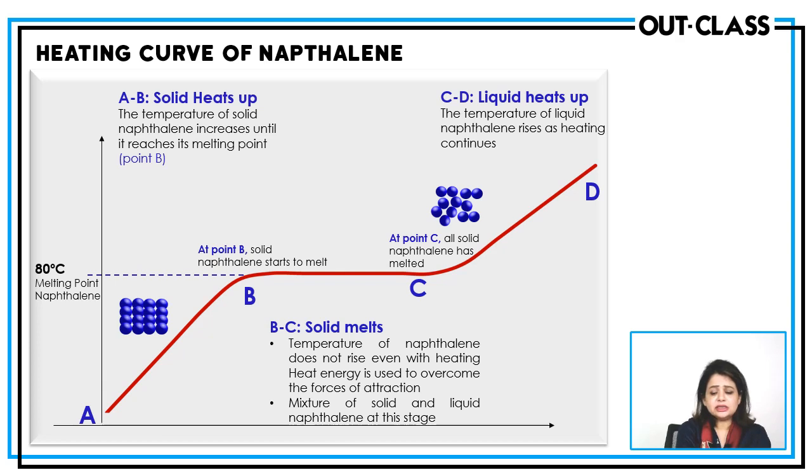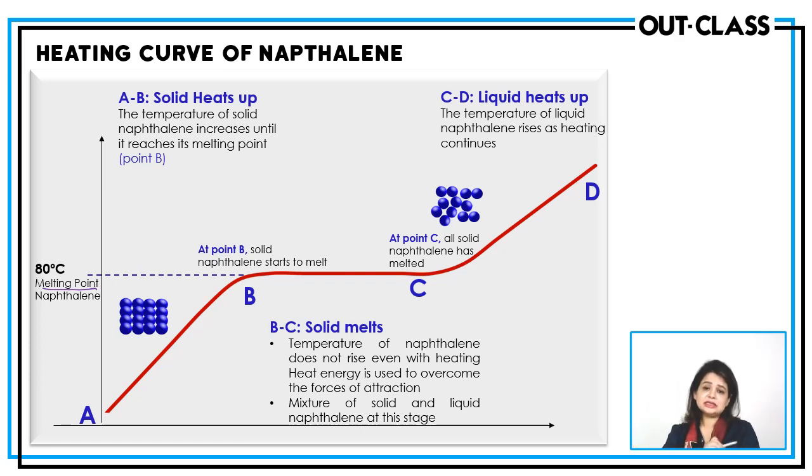Now what does this time period tell you? This is the time when it is starting to melt. This is its melting point. Remember, the fixed temperature on the heating curve is the melting point. Whenever the melting is taking place, the temperature of the solid will not change till all of it has converted into liquid.